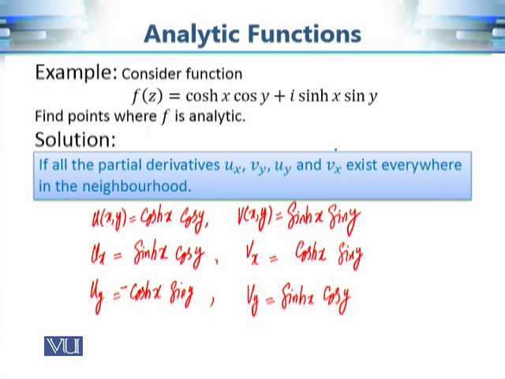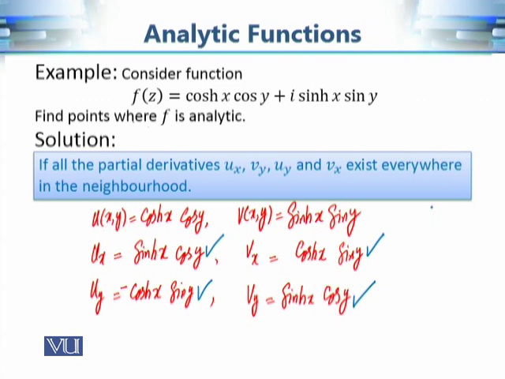Now let's go to the next condition: whether all the partial derivatives exist everywhere in the neighborhood or not. In this case we can find ux, uy, vx, and vy easily using the formulas for the partial derivatives, and these derivatives exist in the whole complex plane, so they exist in every neighborhood of the point z naught.